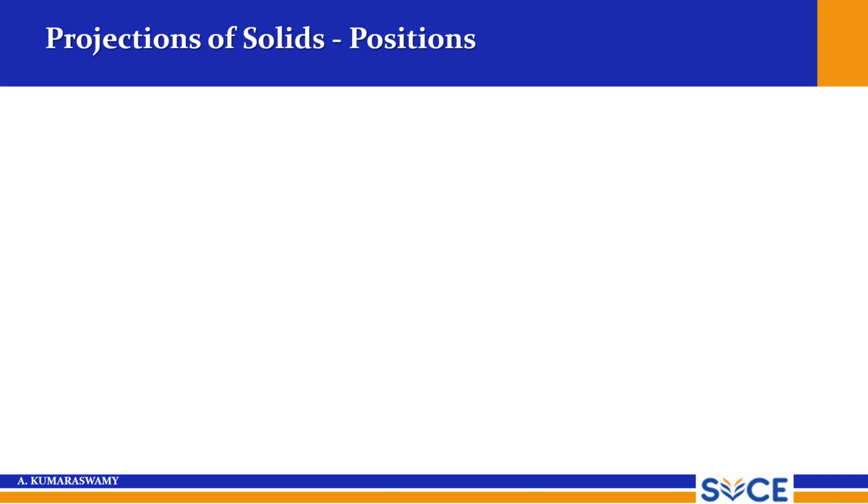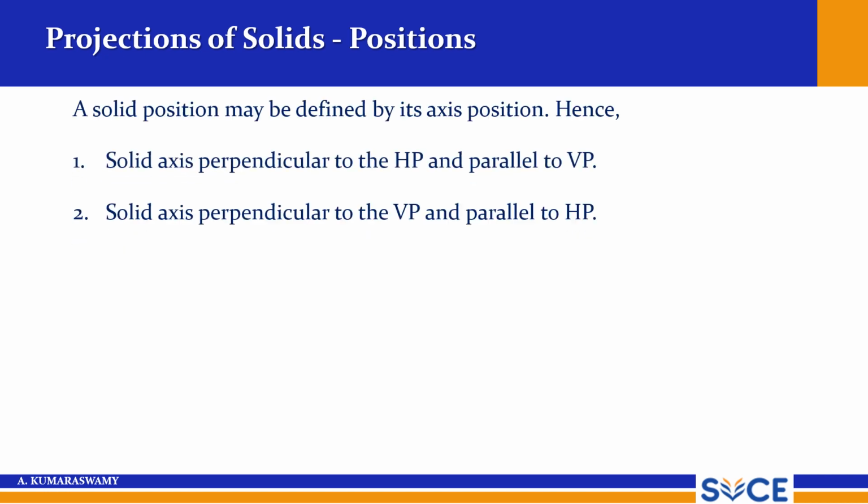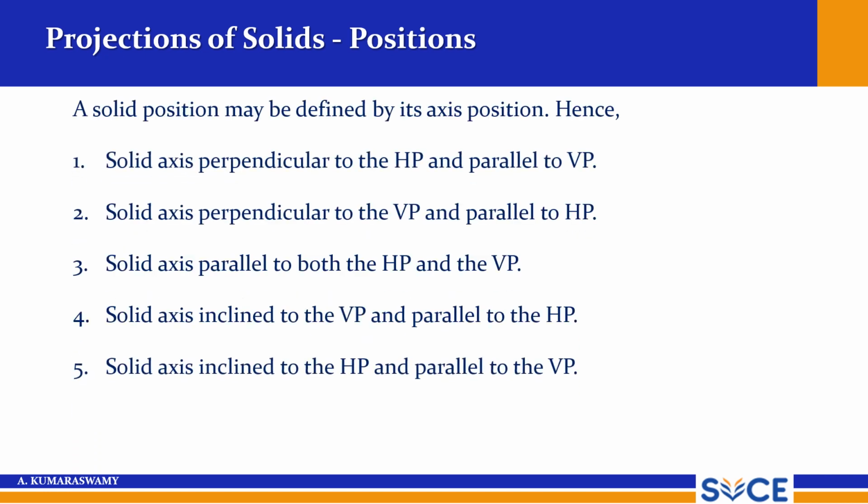Projections of solids, positions. Again, there are 6 positions, like we defined for earlier cases like lines and planes, and here it is very similar to line positions only. That line is becoming the axis line here.